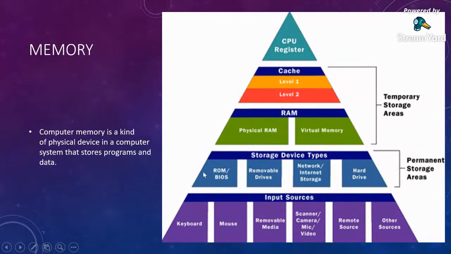We have RAM, and we have storage device types: ROM, removable drive, network, hard drive, and so on. And then we have input sources: keyboard, mouse, removable, and so on. These are the temporary storage access areas.